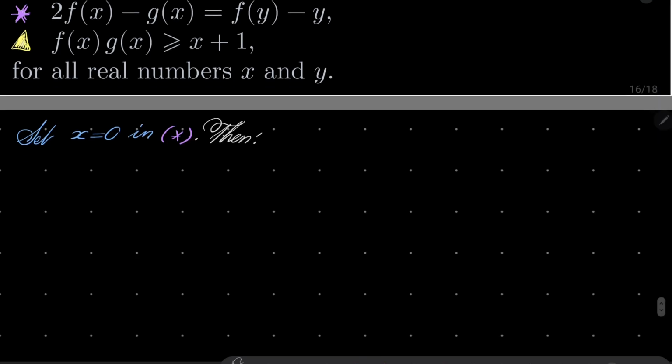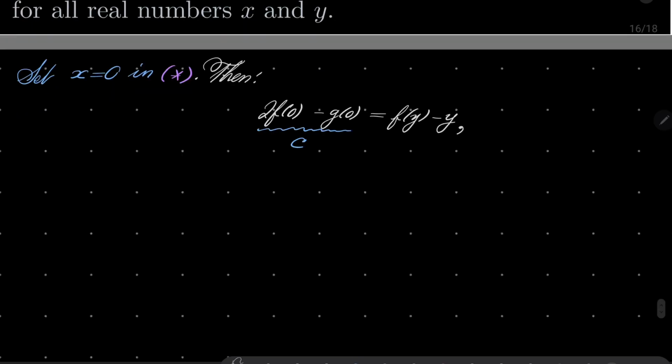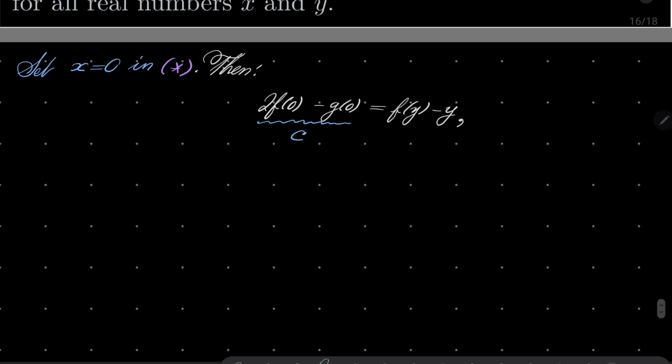Then we have the following: 2f(0) - g(0) = f(y) - y. And notice that the left side is just a constant. We can call it c. And we see that for every real number y, f(y) = y + c.